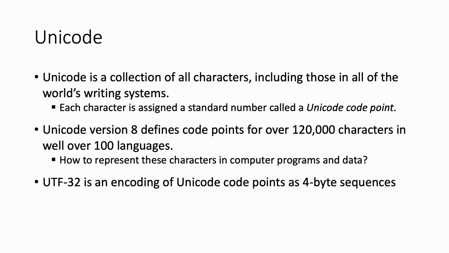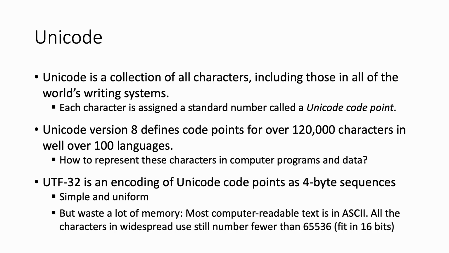In other words, UTF-32 is an encoding of Unicode code points as 4-byte sequences. This is simple and uniform, but it uses much more space than necessary because most computer-readable text is in ASCII, which requires only 8 bits per character.